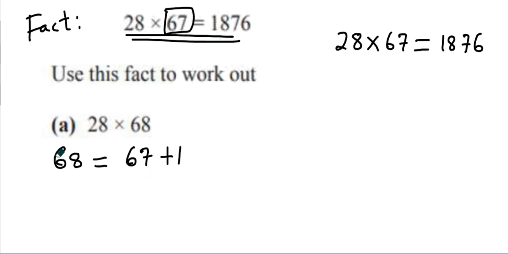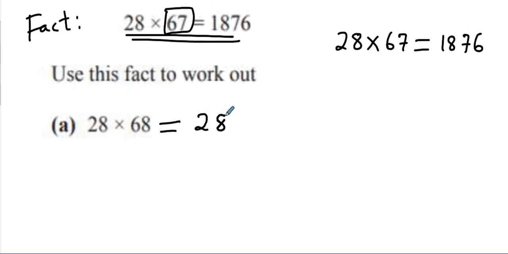Cool. So, if this is the information we have, we are going to write as follows. 28 times 68, this is the same as 28 times, now instead of writing 68, we write in the brackets 67 plus 1. See that? Cool, yeah? Alright, 67 plus 1, that equals 68.